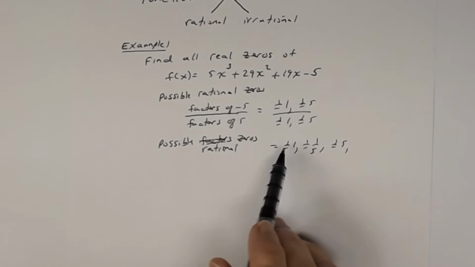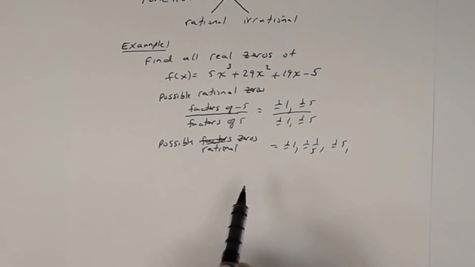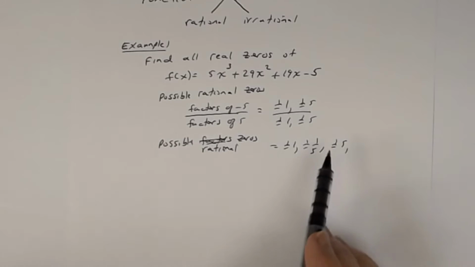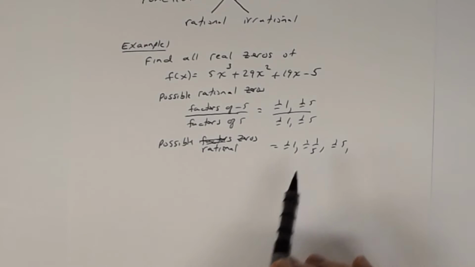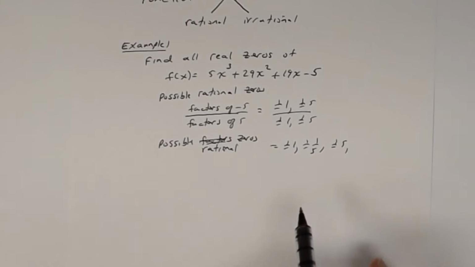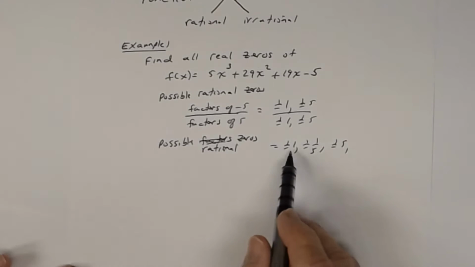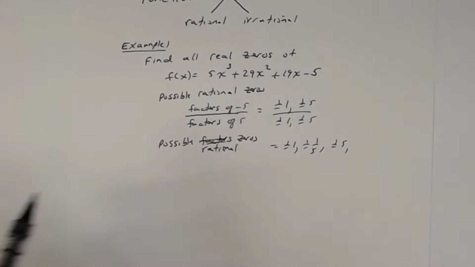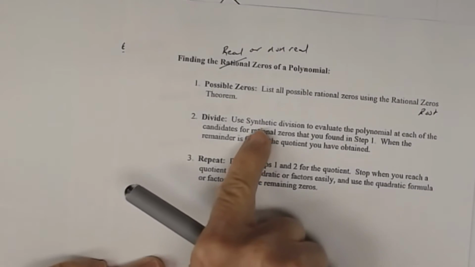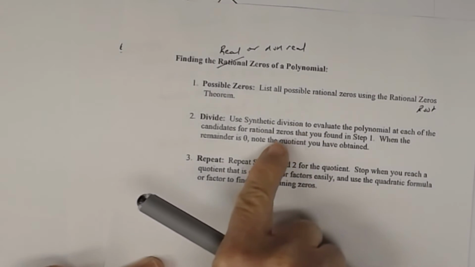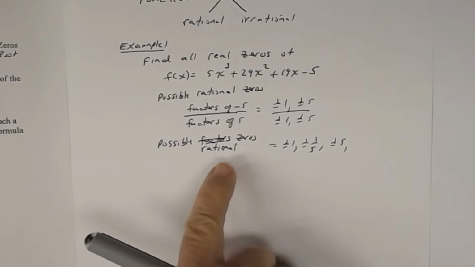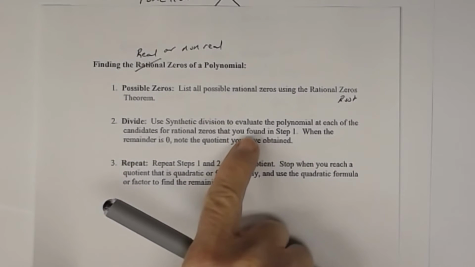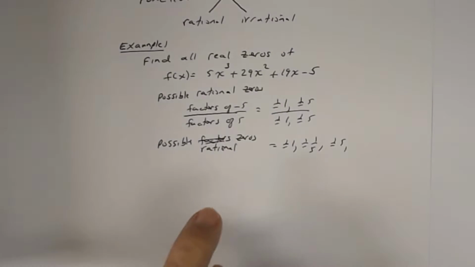Most students will try 1 first, then they'll try 5, then they'll try -1, -5, and they'll deal with the fraction, the 1/5, last. So let's go ahead and use that approach. Let's try 1 and see if 1 works. Remember, the next step is you use synthetic division to find out which of those possible rational zeros will give you a 0.